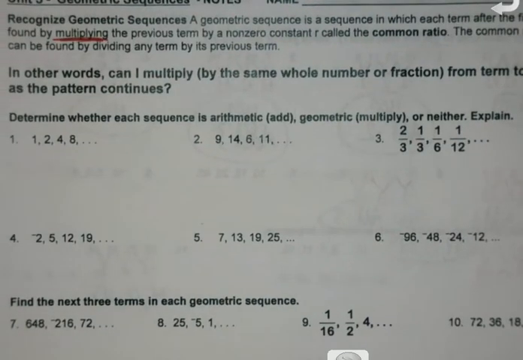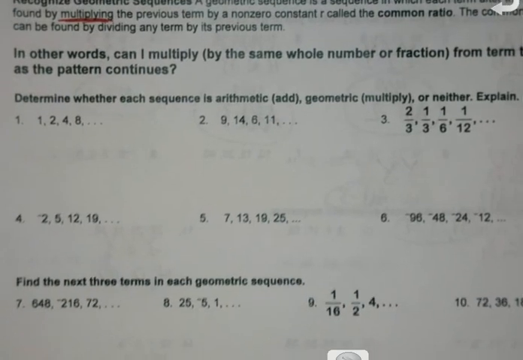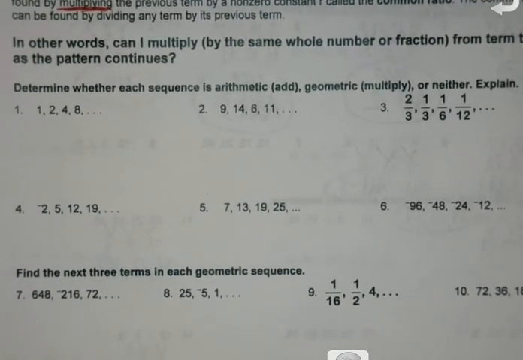So here, we're going to blend them. Determine whether it's arithmetic, geometric, or neither. So let's see. Number 1. Now, you're like, well, to get from 1 to 2, I might add 1 or I might multiply by 2. What's the deal?